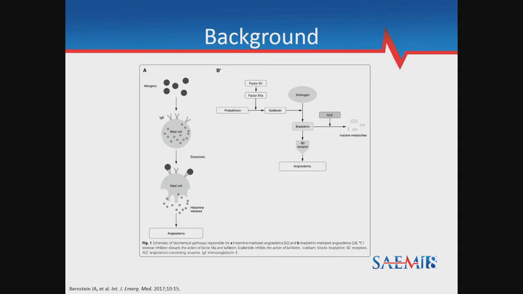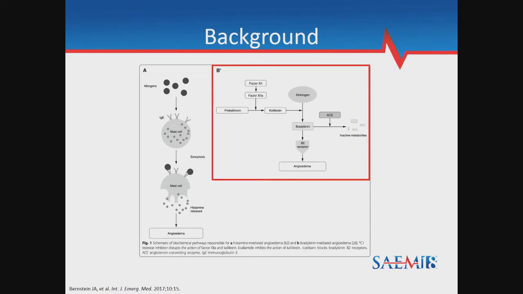I know that this image is a little bit hard to see, but on your left we have a depiction of a histamine-mediated angioedema, which is a type 1 IgE hypersensitivity reaction. So this results in the mast cell degranulation. This is in response to a previous sensitization to a drug, a food, or an insect sting. On the right, we have a depiction of the kinin-kallikrein system.